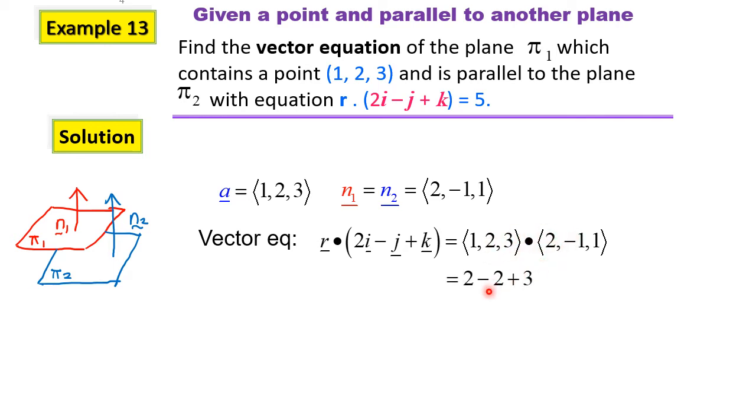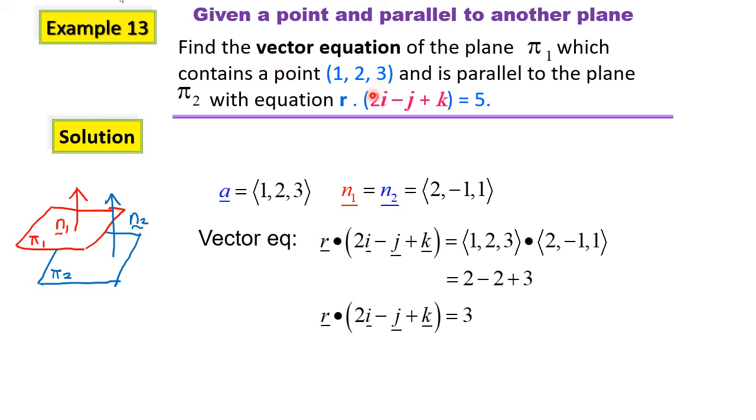So we solve the right hand side. 2 minus 2, zeros, we can cancel out. So we got only positive 3 on the right hand side. So I write down again the left hand side, because this is our final answer. That is the vector equation of the plane, because the question asks for the vector equation.